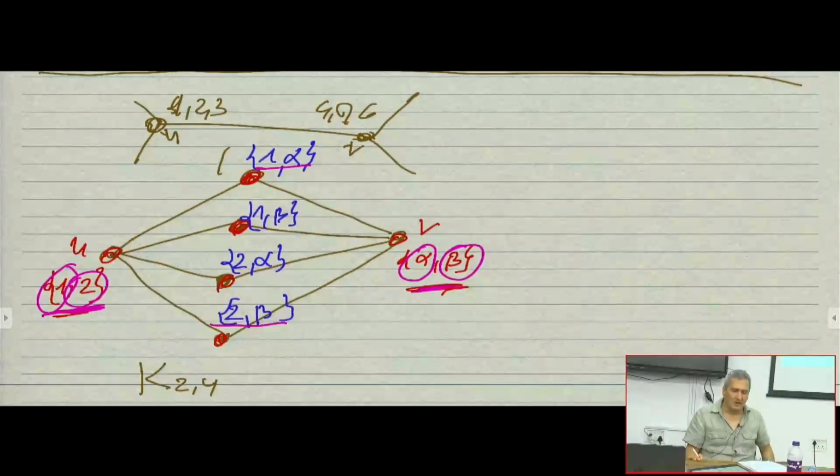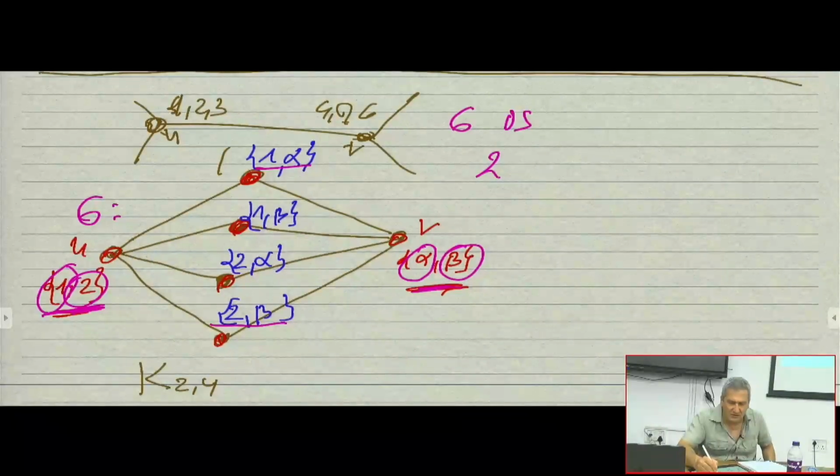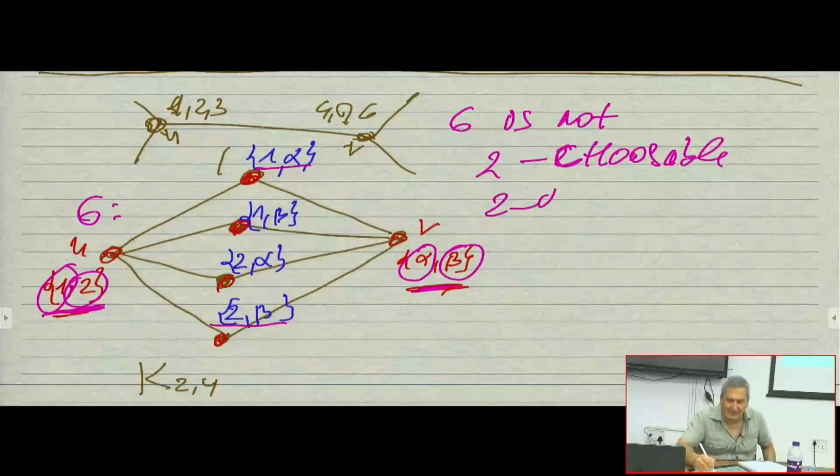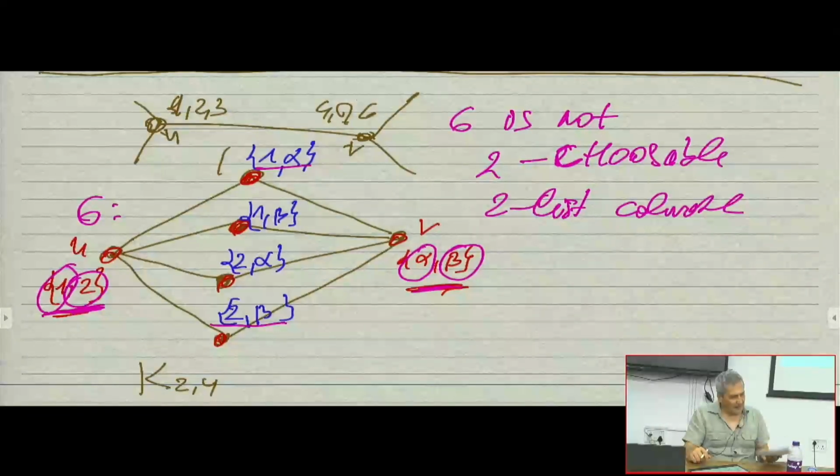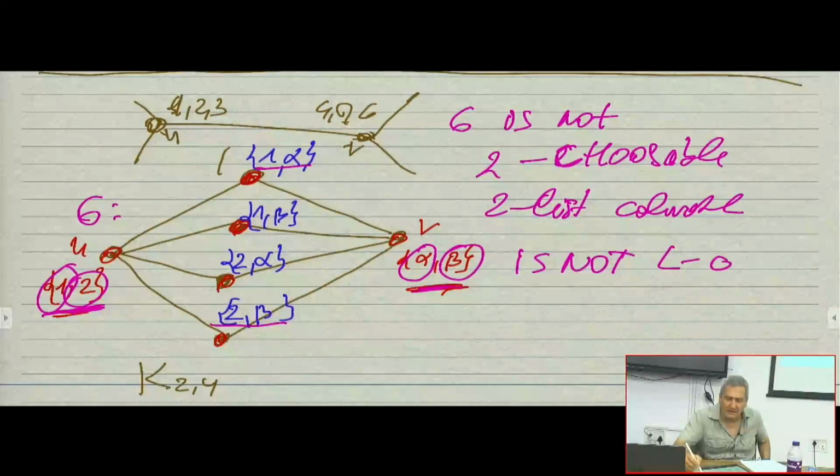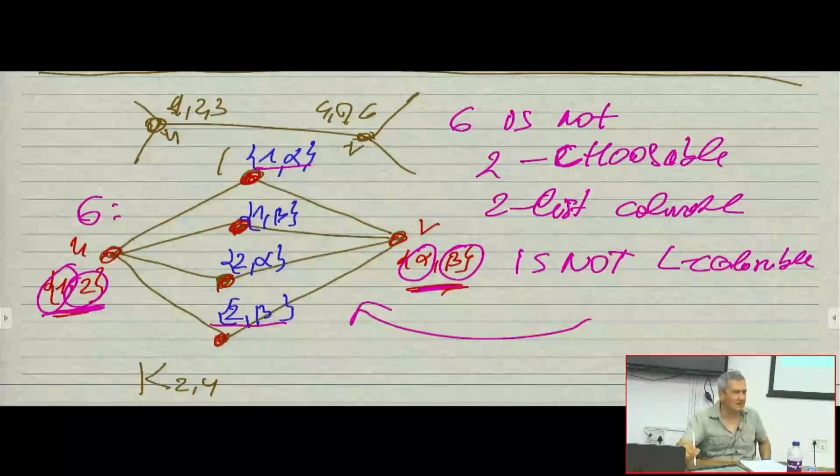Yes? So we say this G is not 2 choosable, or is not 2 list colorable. Or we can say it is not L colorable for these lists which are given here.